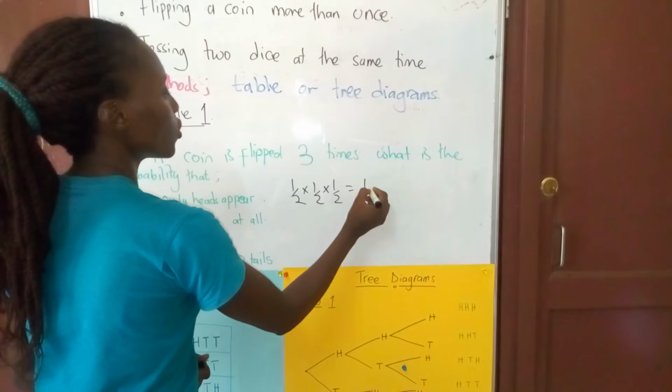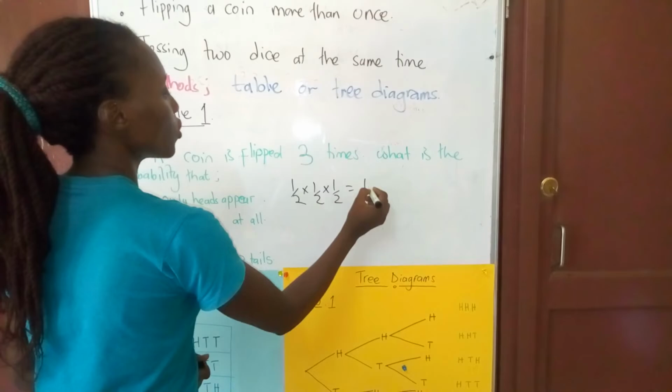You see it takes us back to what we got in number 1. So this is simply another way of doing things. Then for us to get no tails, that means we are getting only heads. Again, it is going to be 1 out of the total possibilities, which is 8.